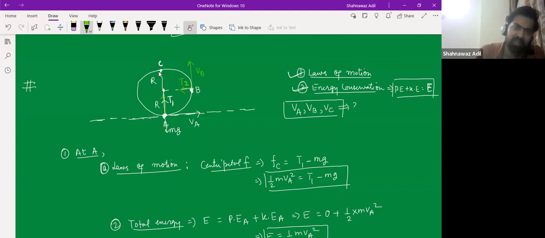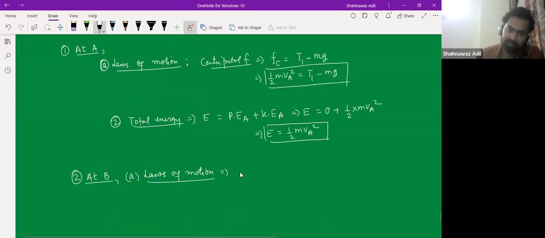This is again moving in a circle, so I will have the centripetal force. I don't have any horizontal force, only this tension and this FC. So my centripetal force is simply T2, which is mvb square over r, and this is T2.